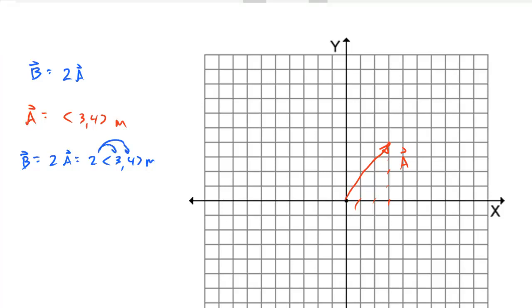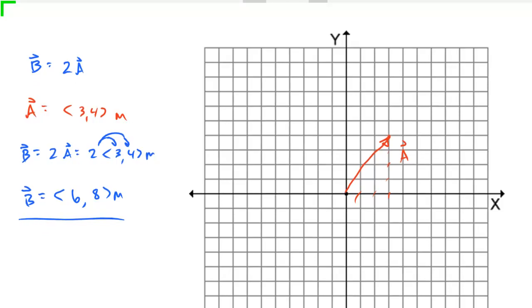So vector B is equal to 2 times 3 is 6, and 2 times 4 is 8 meters. So vector B would be 6, 8. So we would come over here, we would move 6, so that's 3, 4, 5, 6, and up 8, that's 4, 5, 6, 7, 8, and this would be vector B. And you see here, all it's done is we've doubled the length of the vector. The length of a vector represents its magnitude, and then we draw the angle that it moves in. And so this is vector B.